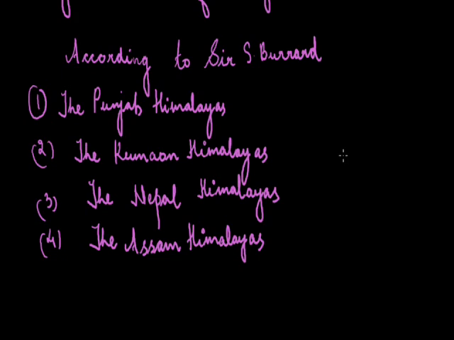Kathmandu Valley is also located in the Nepal Himalayas. And the fourth one is the Assam Himalayas. It extends for a distance of 720 kilometers between the Tista and the Dihang, which is also known as the Sanpo Brahmaputra. So now we have the main points or the rivers between which these four Himalayas are present.